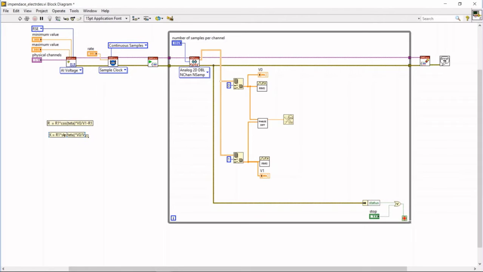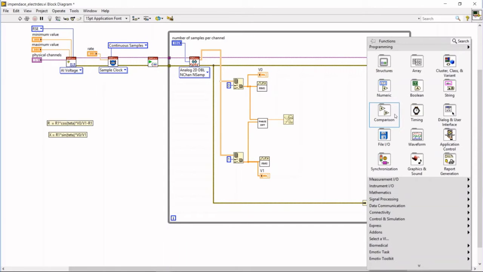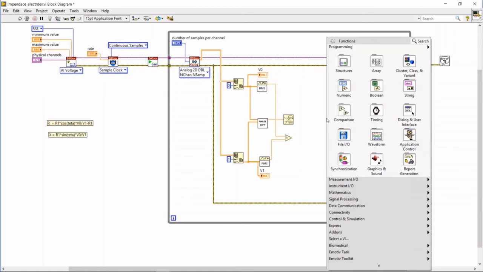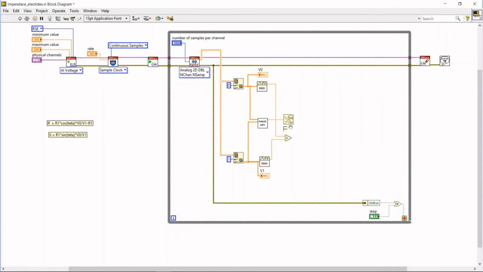So we are multiplying sine function with R1 and with V0 divided by V1. So we're going to need divide function, because we are going to divide root mean square value of V0 and root mean square value of V1, and we're going to need compound arithmetics with multiply symbol at the output, and we are going to multiply this and sine for X.